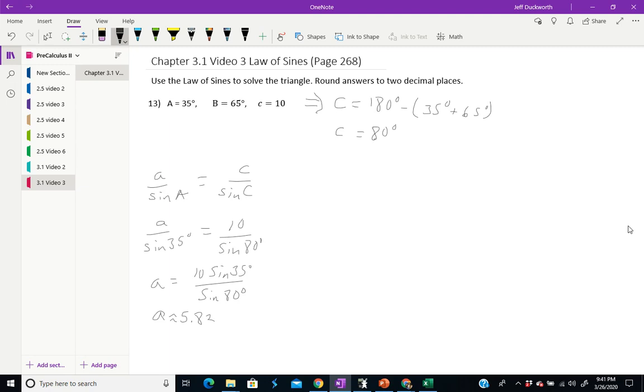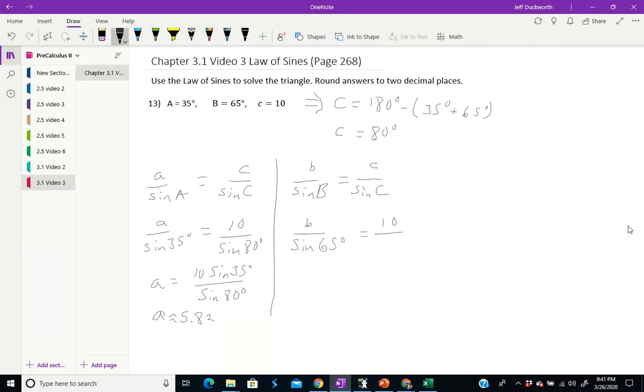Okay, now we don't have to use this a. In fact, I can solve for our remaining unknown b. Remember, b over sine of B is going to equal c over sine of C. So we don't know the b, but we do know the angle for capital B. So that's sine of 65 degrees.